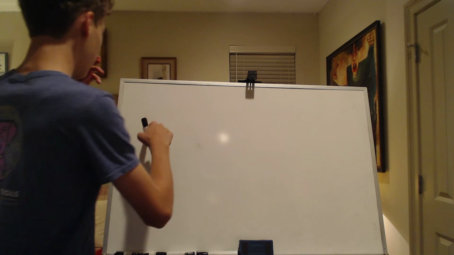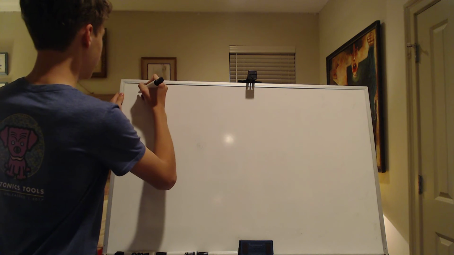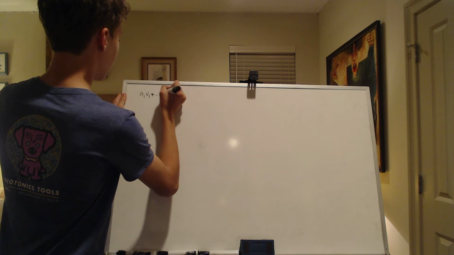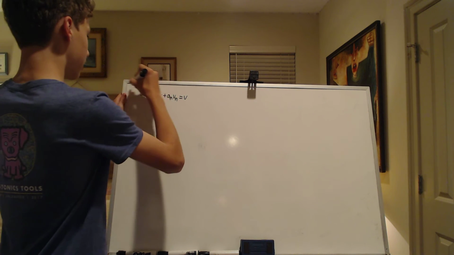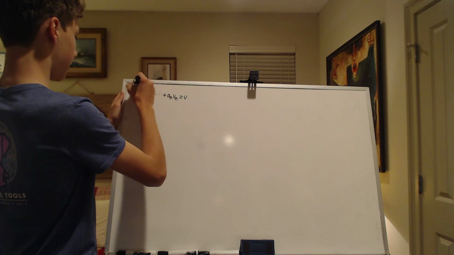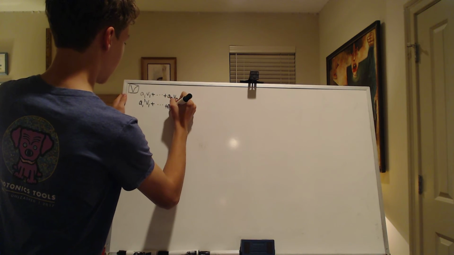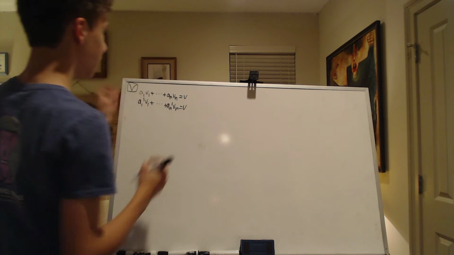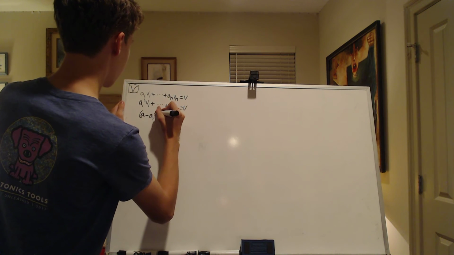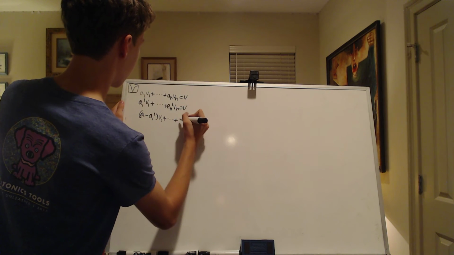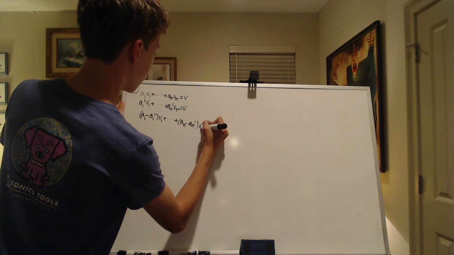If we look at two linear combinations of n vectors, a1 v1 through an vn, and a1 prime v1 through an prime vn, both equaling some vector V in this vector space, we subtract these, and notice the similarities between this and operations we've done with subspaces. We get a_n minus a_n prime times v_n, and so on, equals 0.